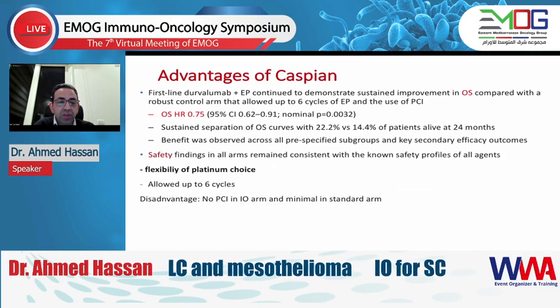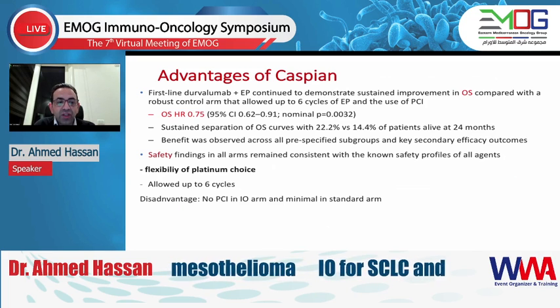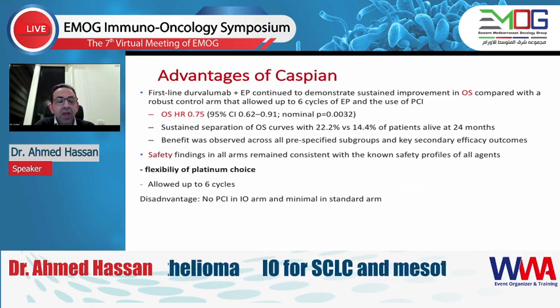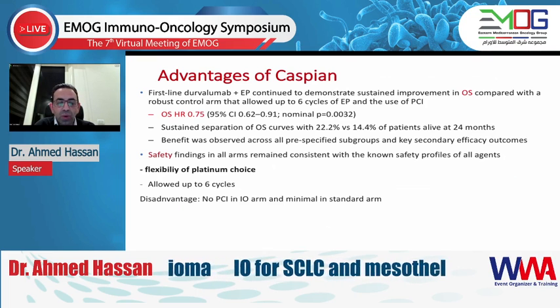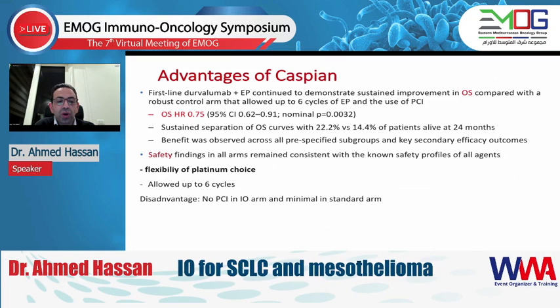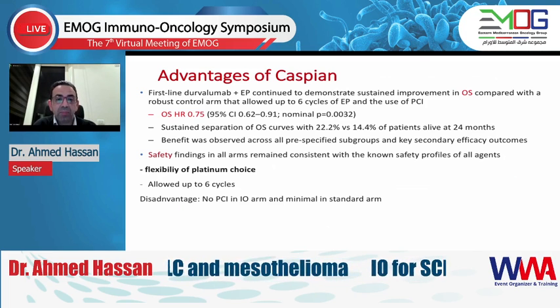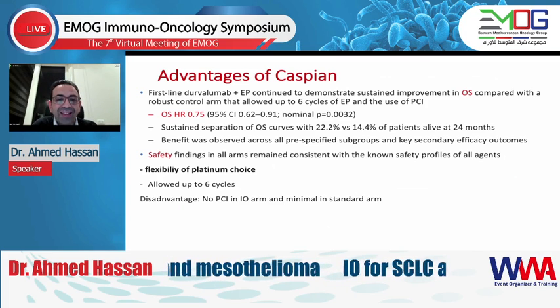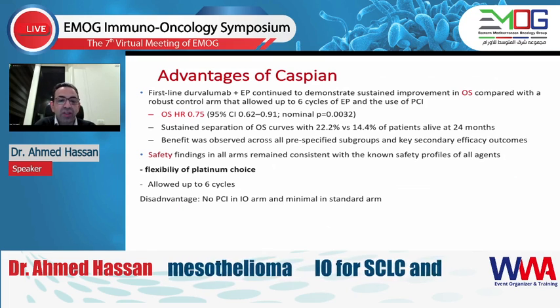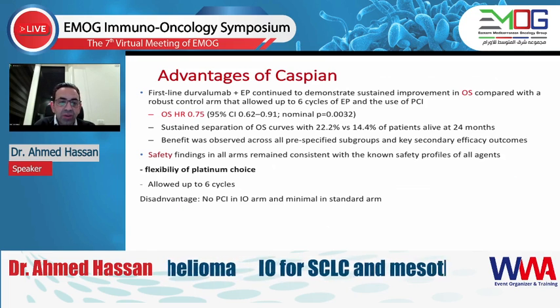There were no concerns in terms of toxicity. One of the advantages of the study is that it gives you flexibility to choose platinum of your choice. It gives you the liberty to go beyond 4 cycles. But the disadvantage is it did not offer patients in the immunotherapy arm, or the physicians, the liberty to give prophylactic cranial irradiation, which is almost a standard of care in most centers across the world.